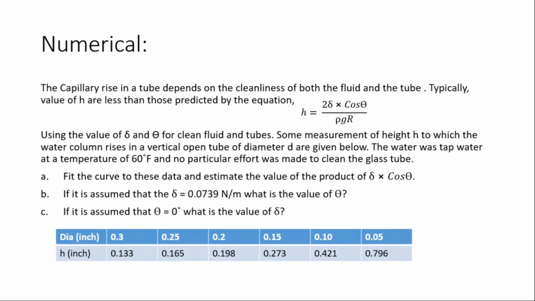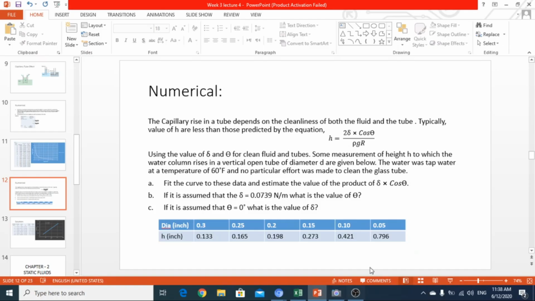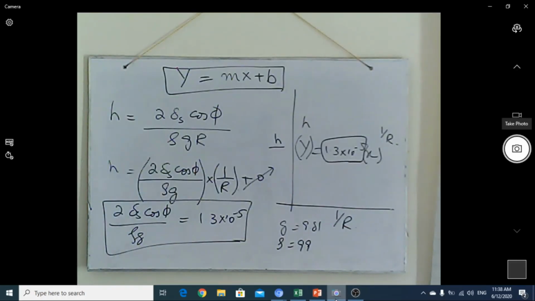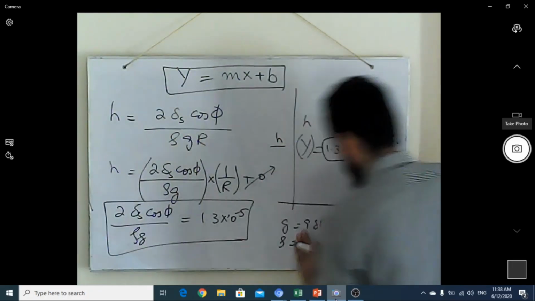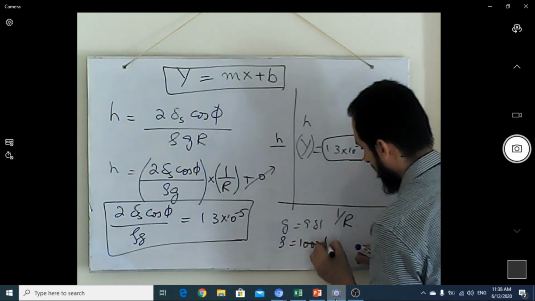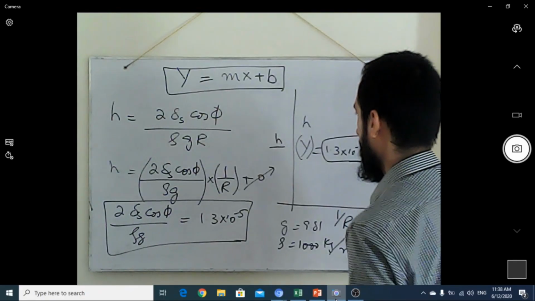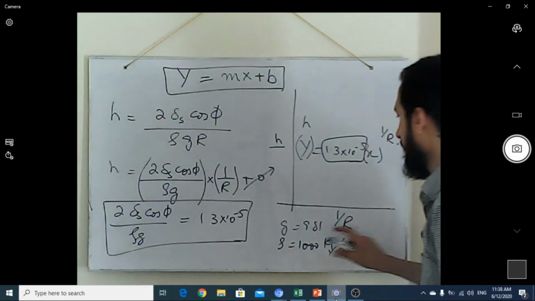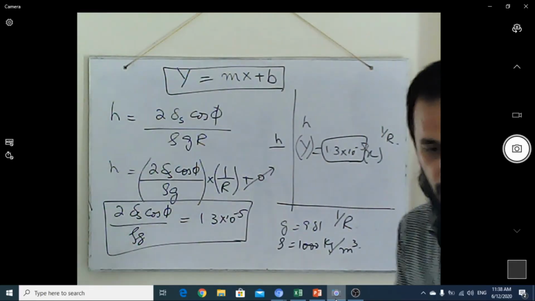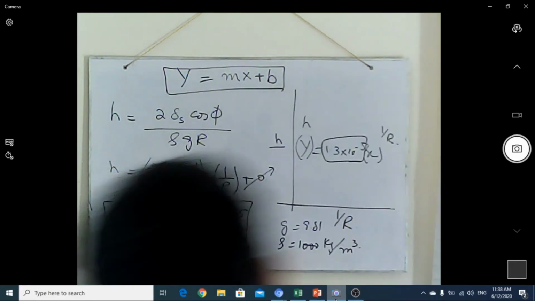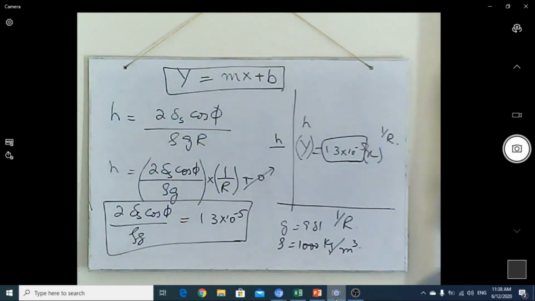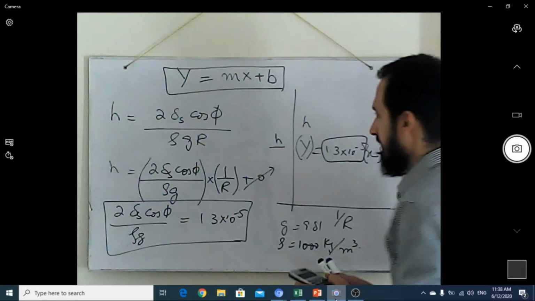You can take the density as 1000 kg per cubic meter. If you put these values in this formula, you will get the product of surface tension and cos theta.